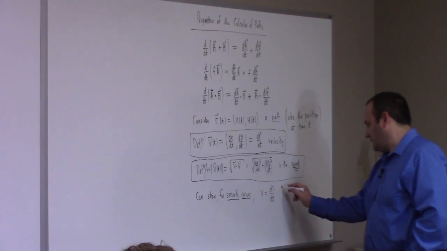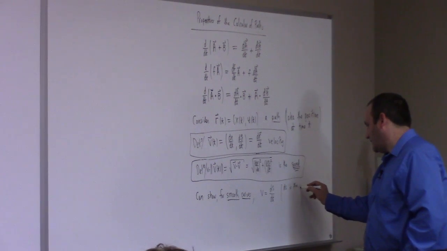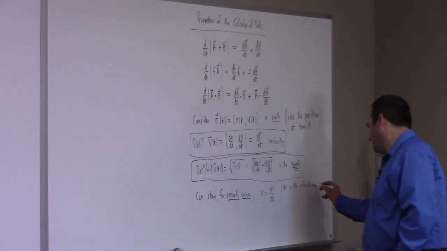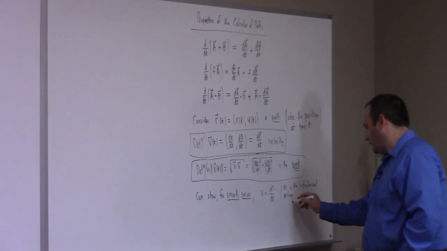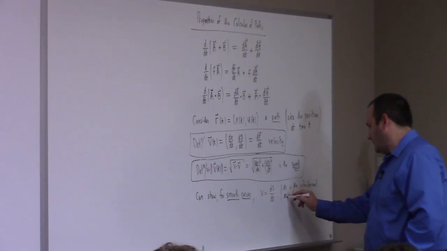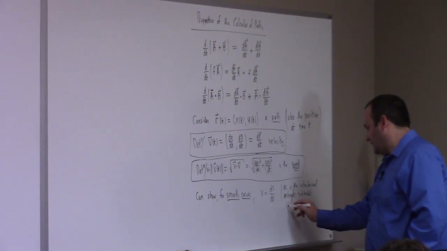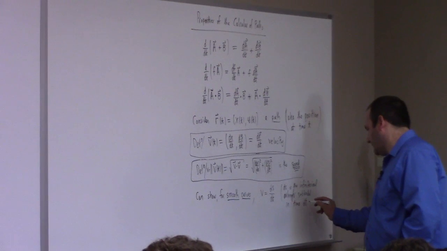where ds is the infinitesimal arc length subtended in time dt along the path.